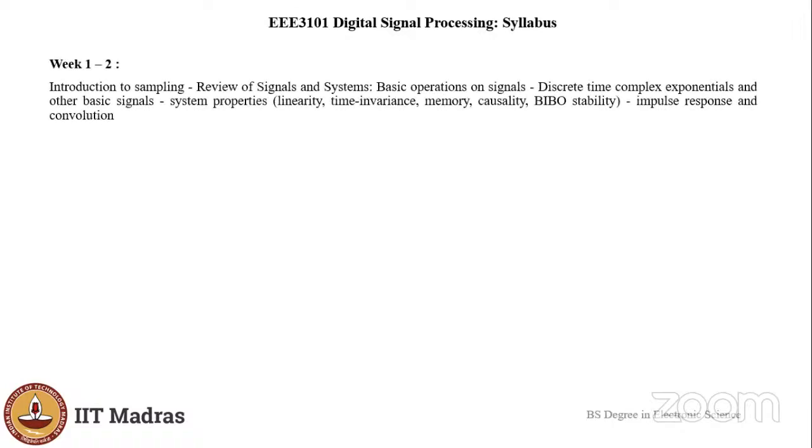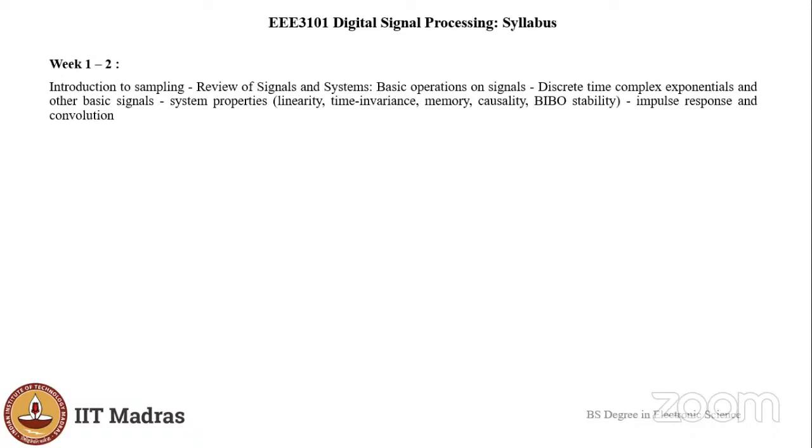Now, this is the syllabus of digital signal processing. Weeks 1 and 2: introduction to sampling, and a review of signals and systems. In signals and systems you mostly studied continuous time signals. Here in digital signal processing, we will be dealing with discrete time signals and systems.